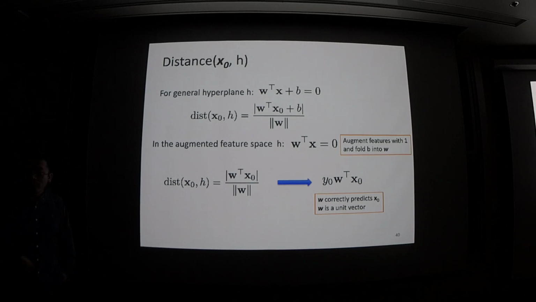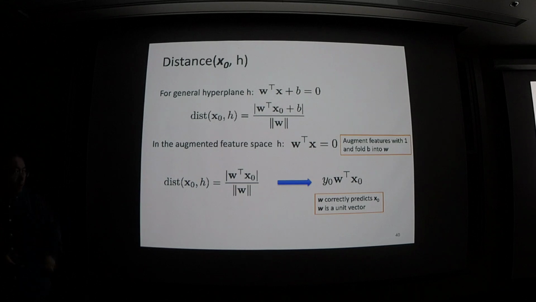Someone asked me last lecture: when we calculate distance in the augmented feature space, do we maintain the distance? Suppose x0 previously stayed in the original space, so we explicitly use the bias term and the weight vector to compute the distance.